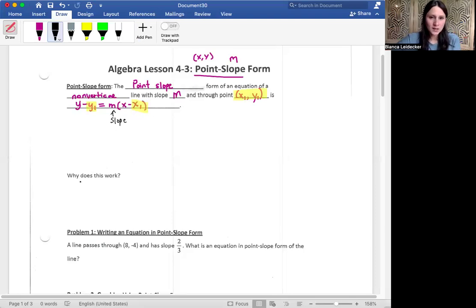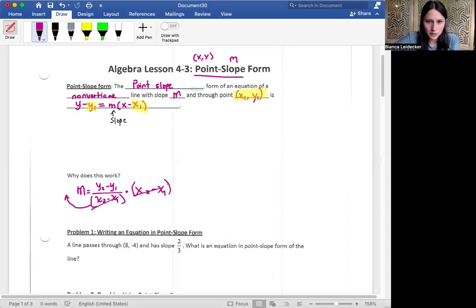So why does this work? Why does this equation work? Well, we know that slope is y2 minus y1 over x2 minus x1, and we move this over by multiplying on both sides. Remember, we can get rid of something by multiplying on both sides.